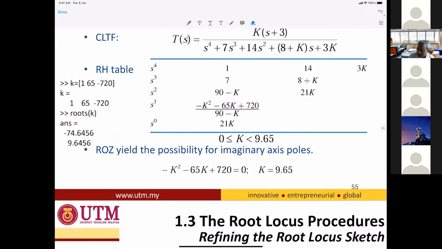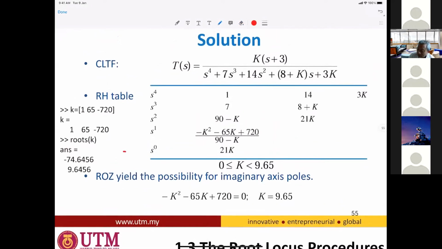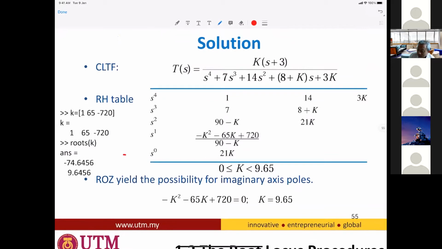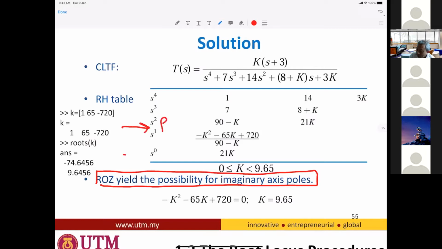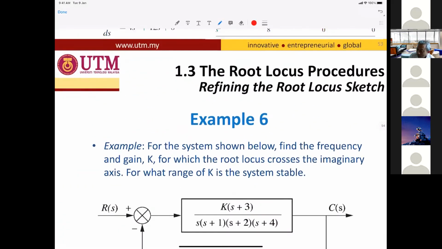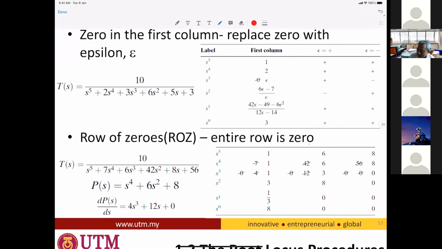Don't need to include it. It's not missing. A row of zeros occurred here. This is a row of zeros.